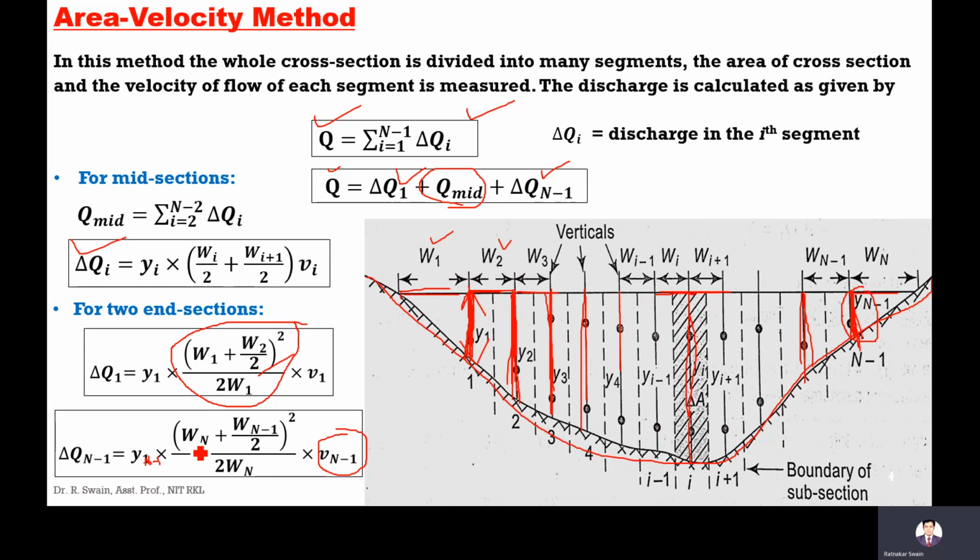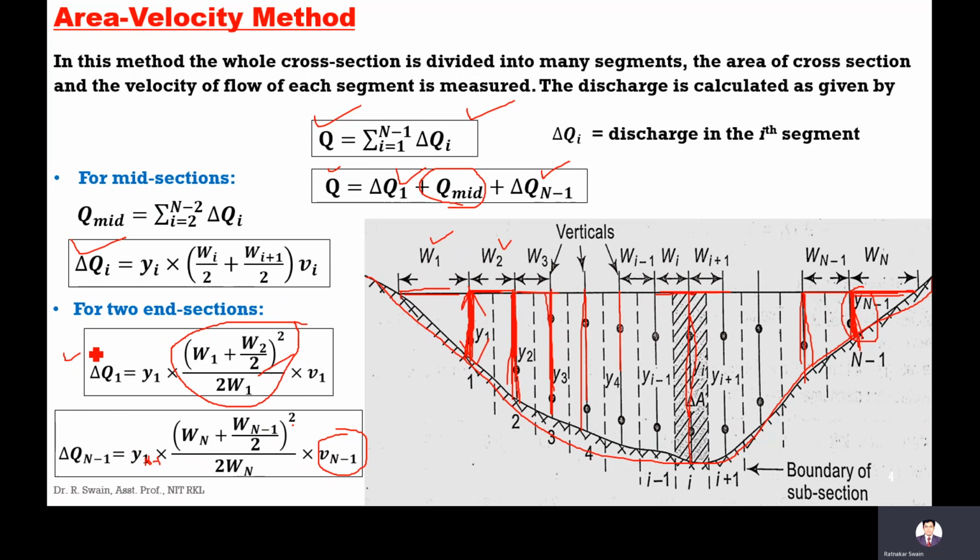Here the average width is ((Wn + Wn minus 1)/2)² divided by 2Wn. So this is depth into velocity into average width, which will give you the discharge of this end section.